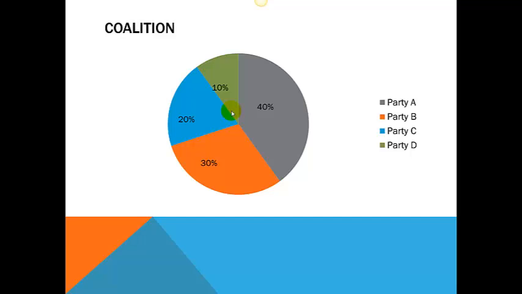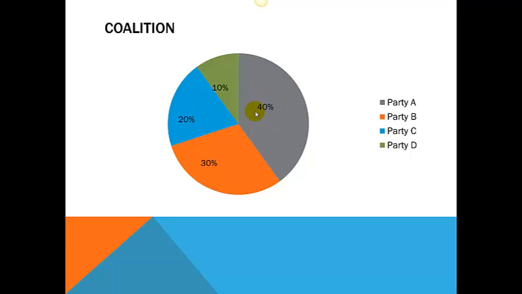The final form of government we'll take a look at today is called the coalition government. A coalition government is formed when two or more parties join their totals together to form a government. In our scenario here, it's likely that Party A would form the government because they had 40%.